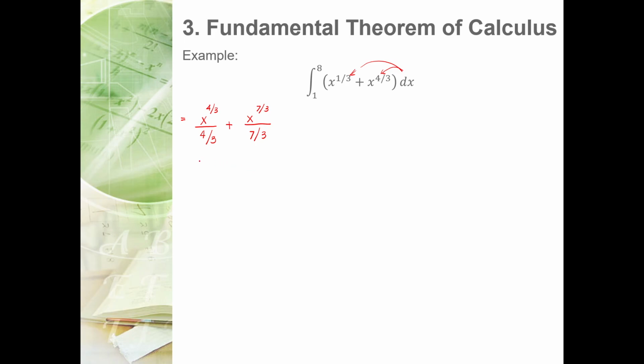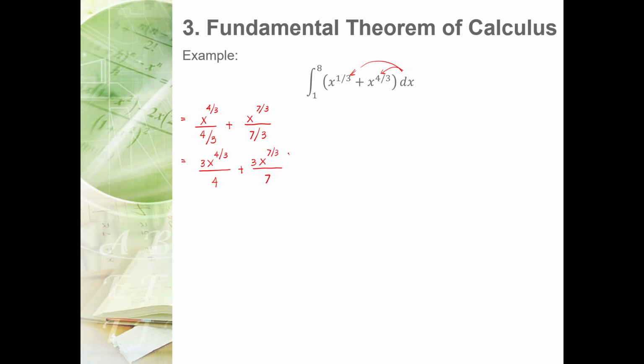Okay, so I hope by now you're quick to add fractions. If you add a whole number to a fraction, you'll get the answer immediately. So simplifying, we have 3x to the power of 4/3 all over 4, then plus 3 times x to the power of 7/3 all over 7.